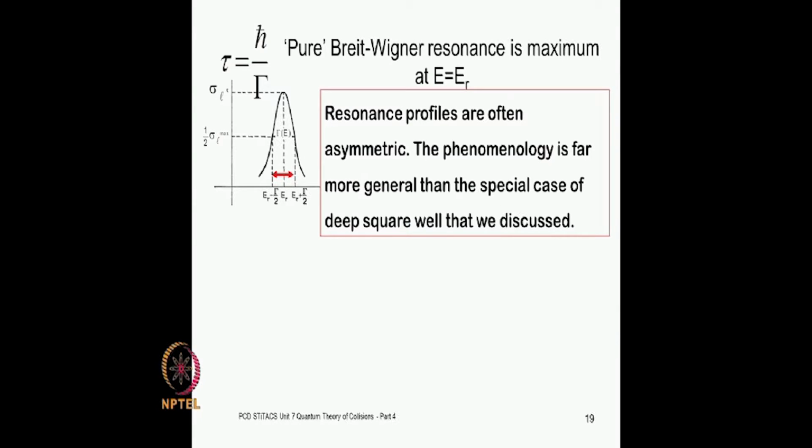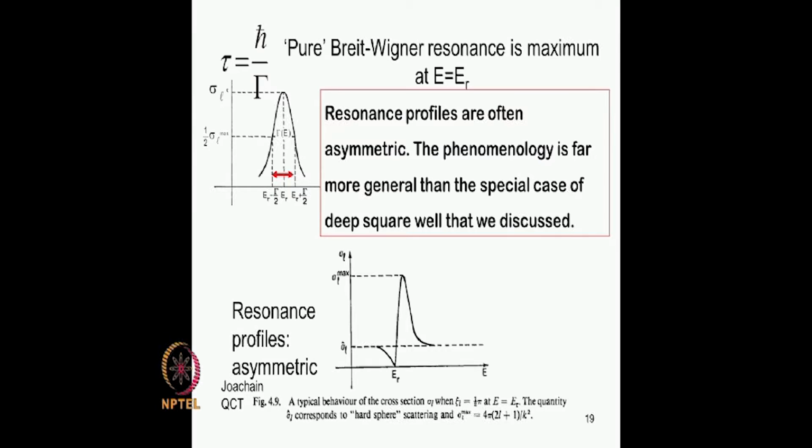Okay, but most of the resonance profiles are often asymmetric, and then we can deal with potentials which are much different than the square well potentials. And the typical resonance profile, as you see in this figure, you've got the background cross section which goes almost flat over this small energy region. Over a wider energy region, the background cross section of course would change, but over a narrow region it would be relatively flat.